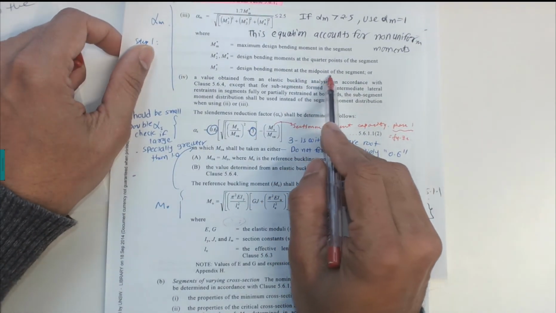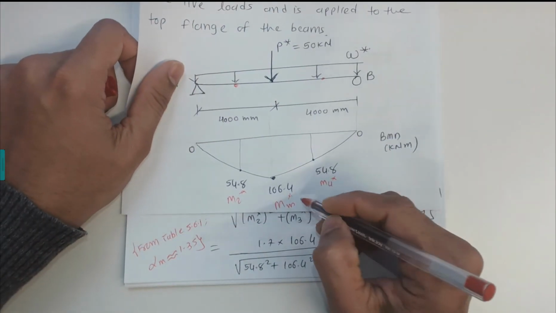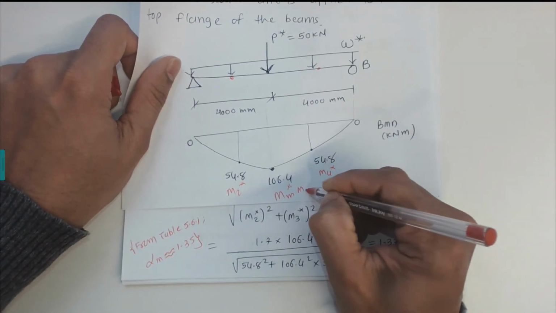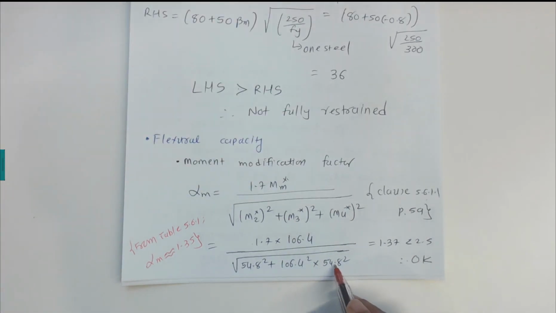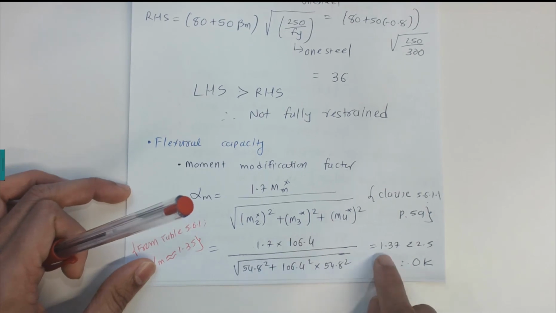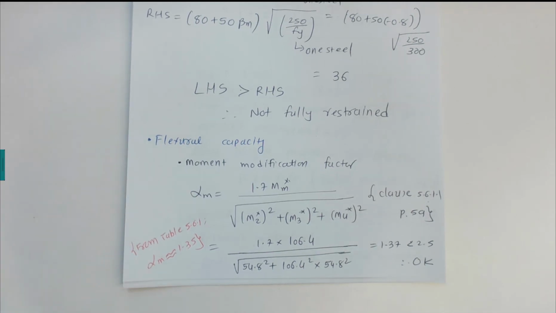M3 star is the design bending moment at the midpoint of the segment, which is the same as this one, 106.4. The calculation gives 1.37. Check whether it's less than 2.5 or not. It's less than 2.5, as it should be, so that is okay.